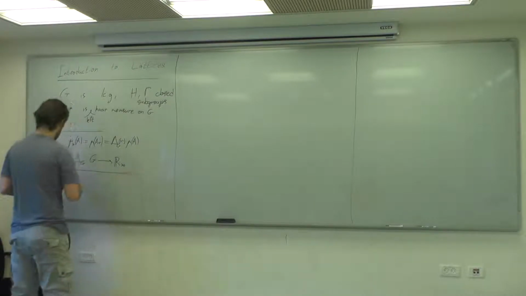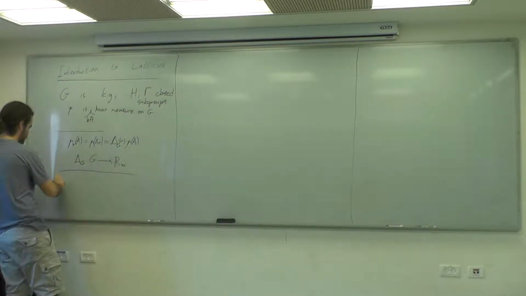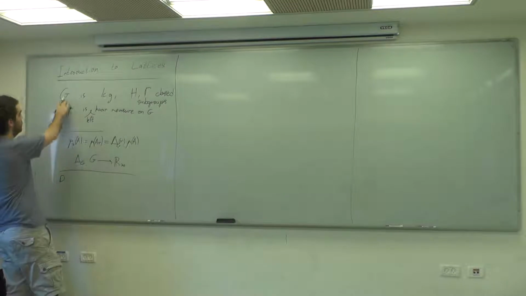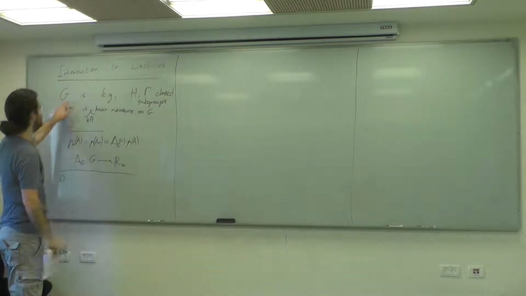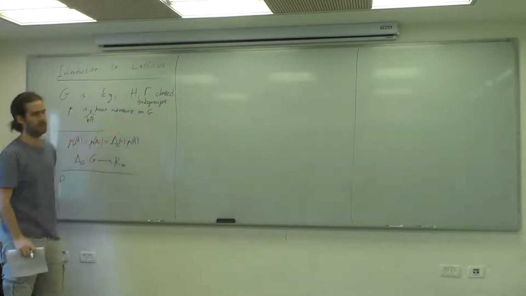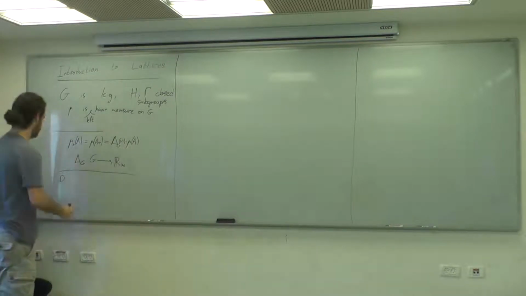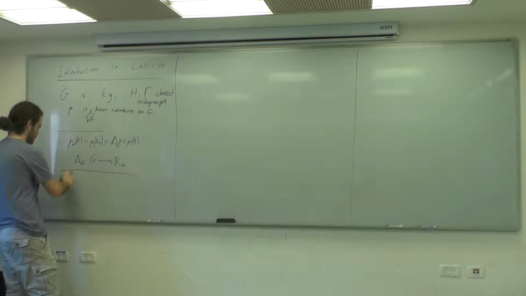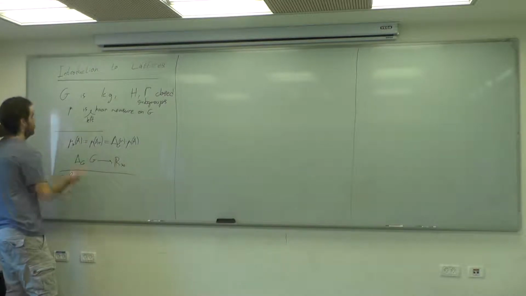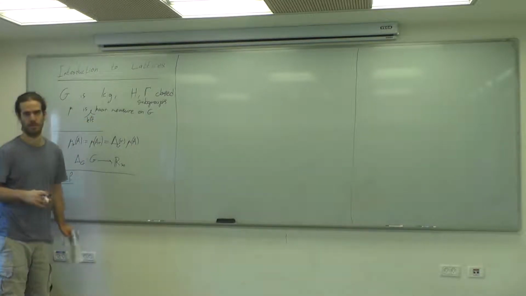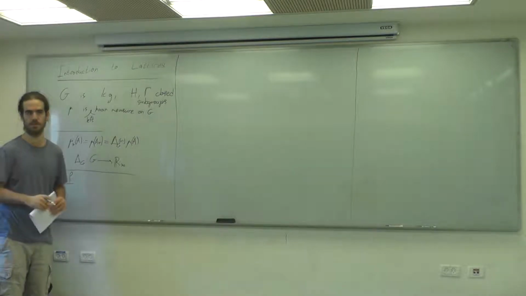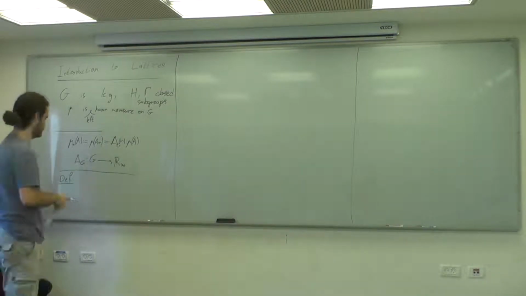Another thing: we will consider the quotient G mod H when H is a closed subgroup. And I want to define what is an invariant measure on it. So G mod H is sometimes called a homogeneous space in the literature.